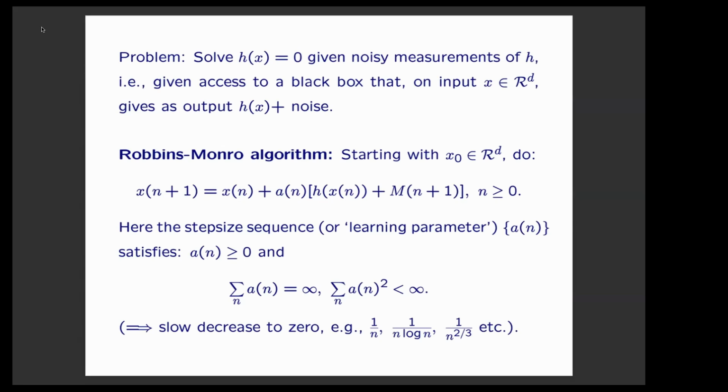You don't have h(x_n) and M_{n+1} separately. And the clever thing they did was to impose this slowly decreasing step size, namely, the sum of a_n is infinite and the sum of a_n squared is finite. There are some textbook examples which are actually not terribly useful. If you implement them, the steps become very small, very fast. So what one really does is a_n = 1/n^α with α around a half for the first thousand steps.